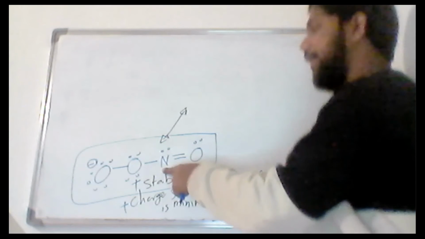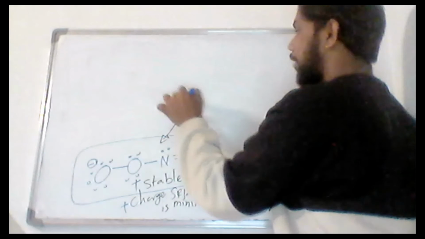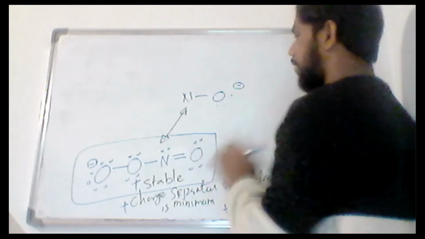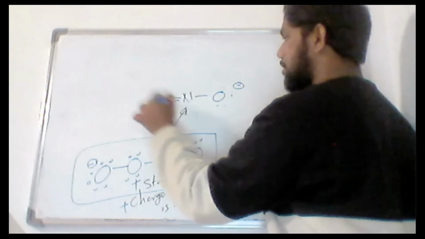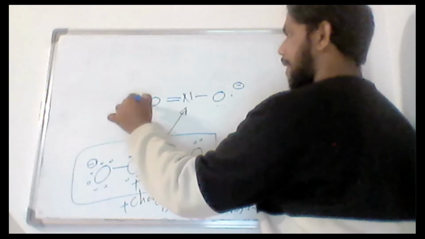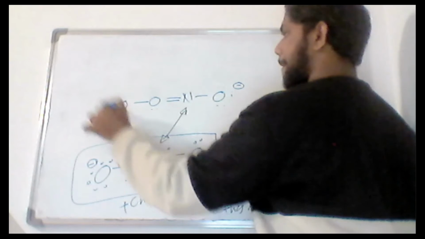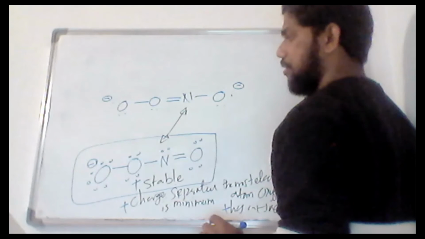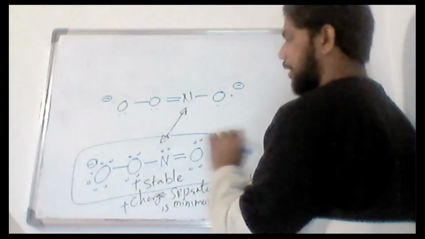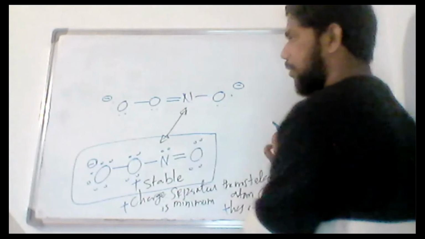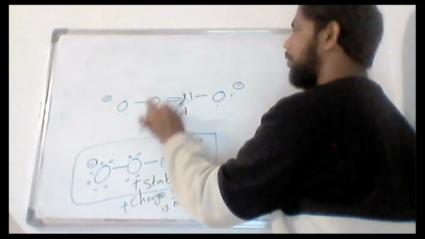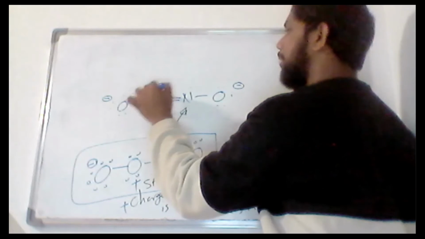So there will be another structure where on one side this will be like this, minus, okay, and nitrogen has its octet, but here oxygen has a problem, because 1, 2, 3, 4, 5, now there is a +1 charge here.